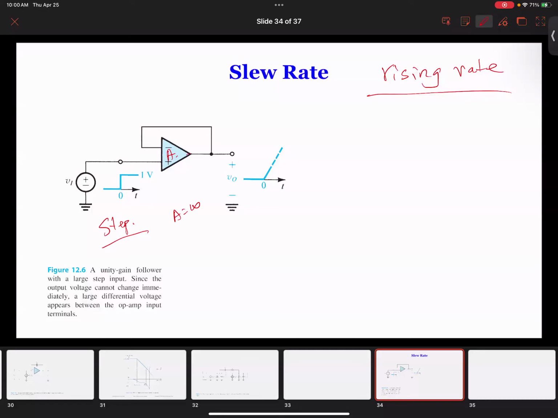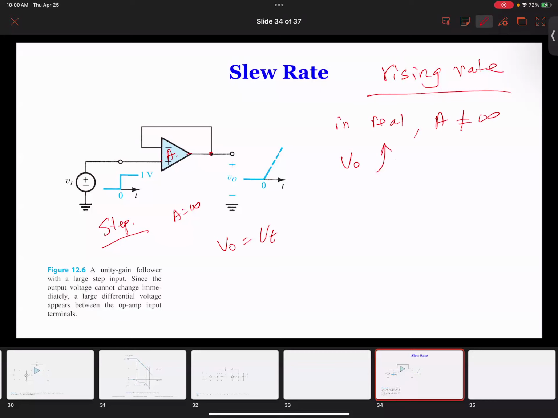Like in this case, it's really a follower, an input follower, which means if the gain is infinity, your output is exactly Vi. But in reality, A is not infinity, which means the VO has to rise slowly.